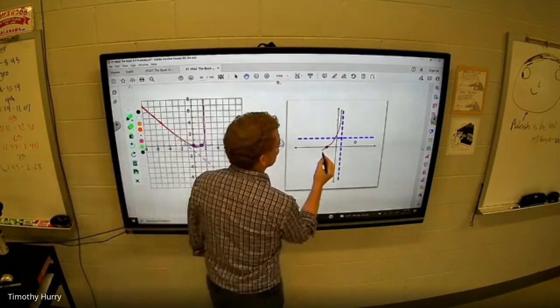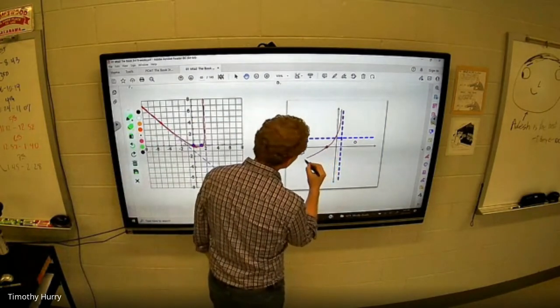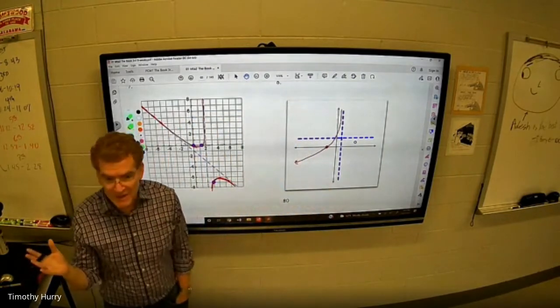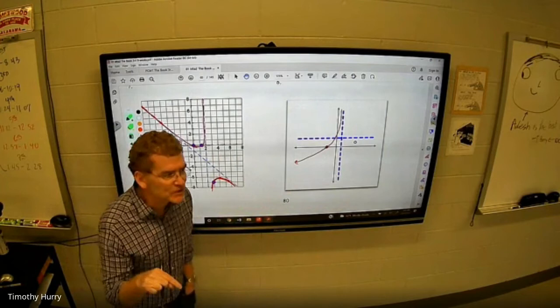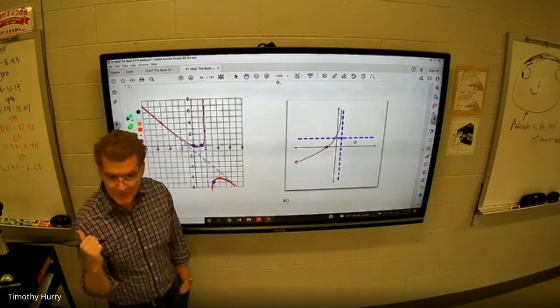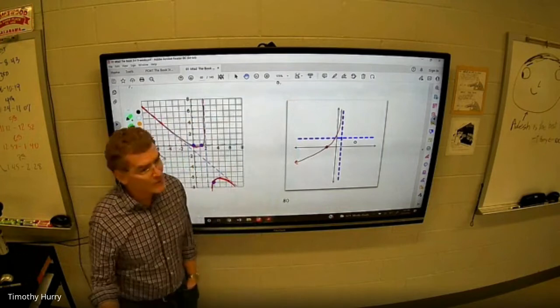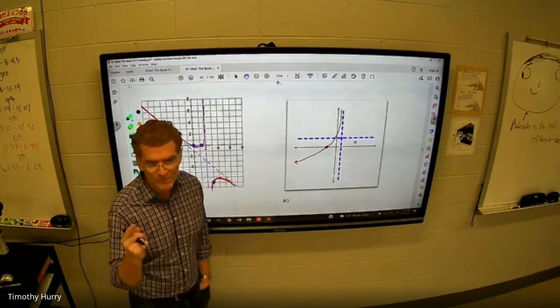I see people and they go, okay, and they just wander around in space. What do I have to do as I head right? Can I ever get back to that horizontal? No. Not without crossing the x-axis, and I have no more places to cross.